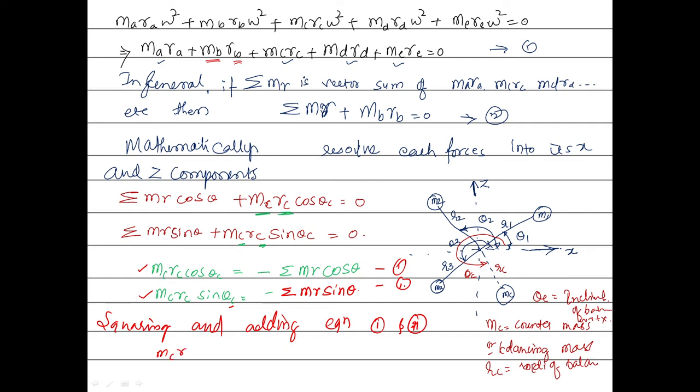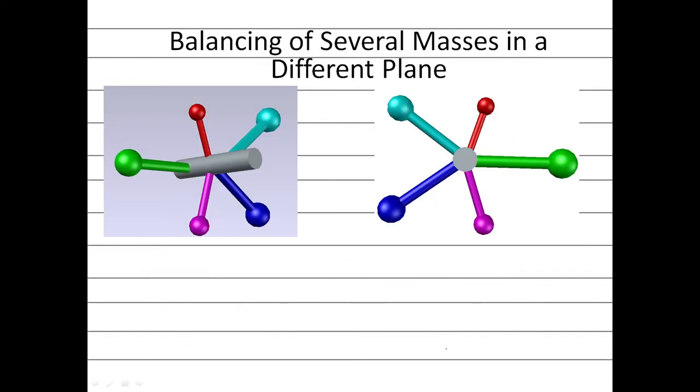Let us square: (MC RC cos theta c) square plus (MC RC sin theta c) square equal to minus summation of m r cos theta square plus summation of m r sin theta square. So what will we get here?